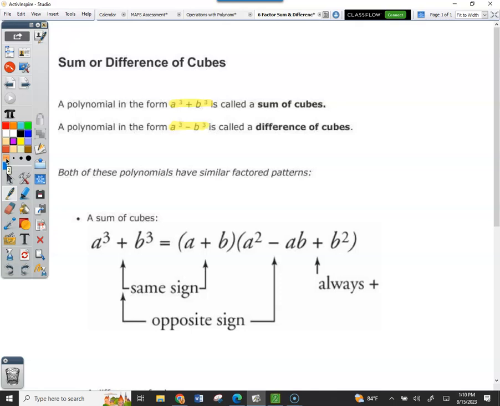So I was going to show you an acronym to help you with factoring both and never get the signs wrong. And the acronym is SOAP. And I'm going to preface that by saying always use soap. Always use soap, right? Here's what I mean by SOAP.